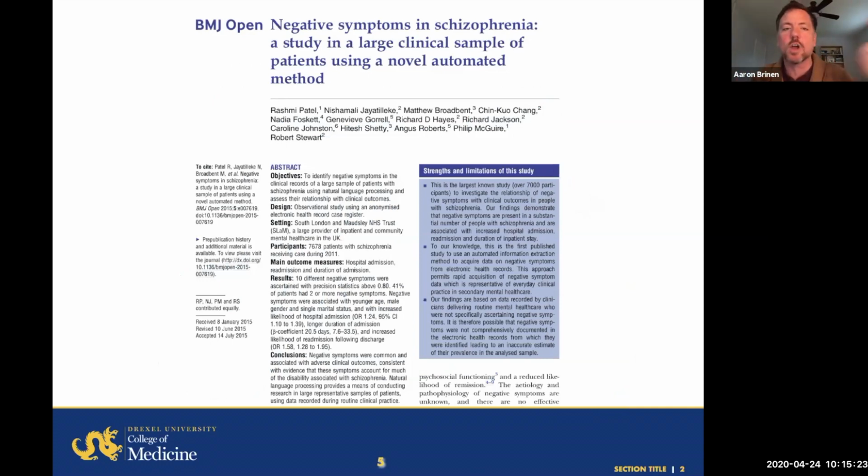They used this automated method of looking through records, and they found that we weren't labeling somebody as having negative symptoms, but it was very clear that they had negative symptoms. Also, those negative symptoms were associated with worse functioning and the worst quality of life. So they were actually much more prevalent, and they had much more of an effect on the person.